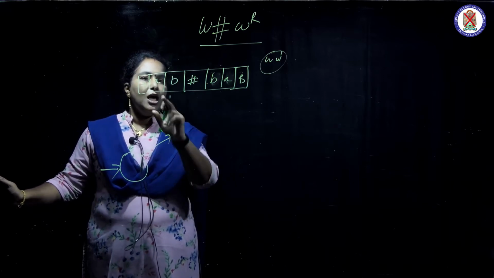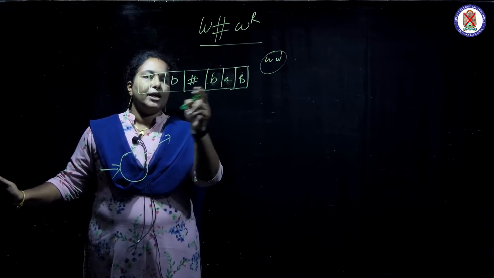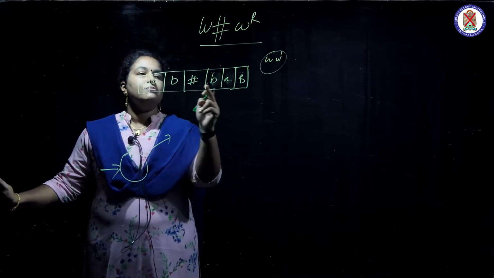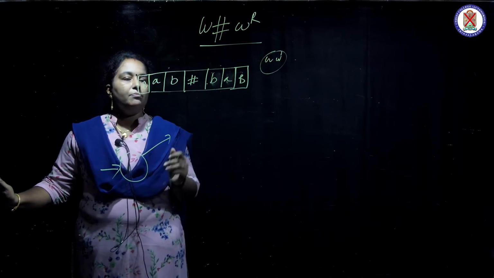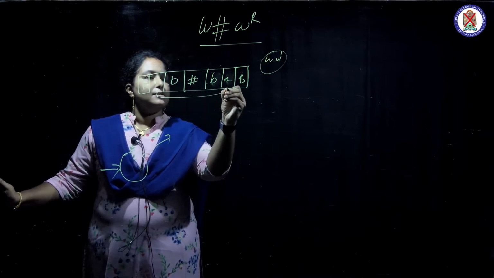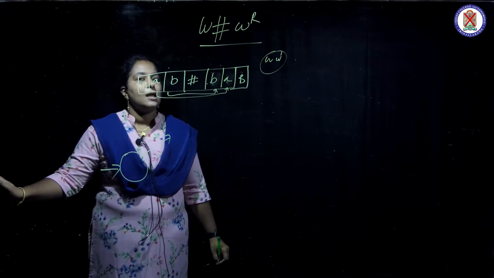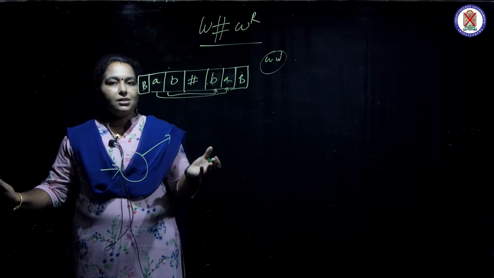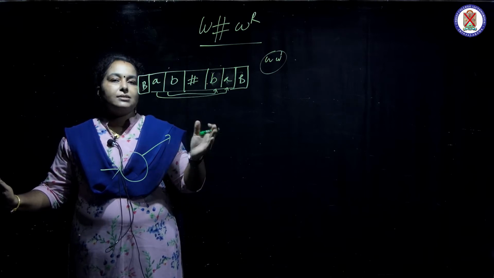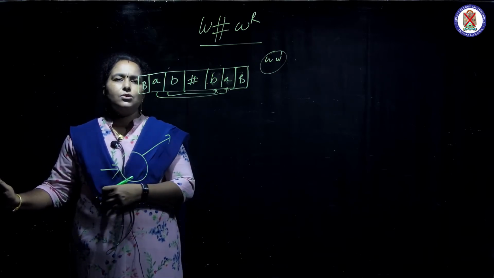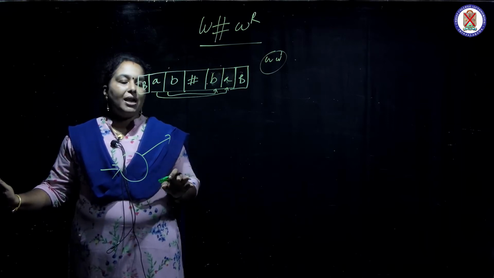So look at here, when A comes, after the blank I must get what? A. When B comes I must get the corresponding B. That is, this and this are matched in reverse: the last symbol to the first symbol, the second symbol to the second-last symbol. Likewise in W reverse, as you already know, it is a palindrome.